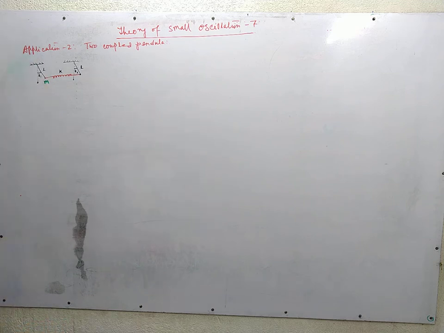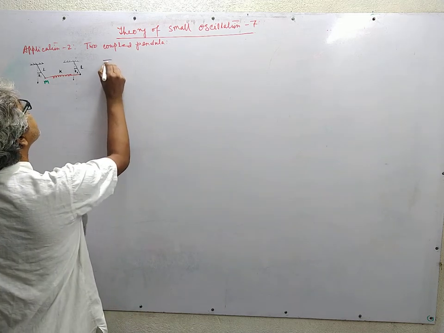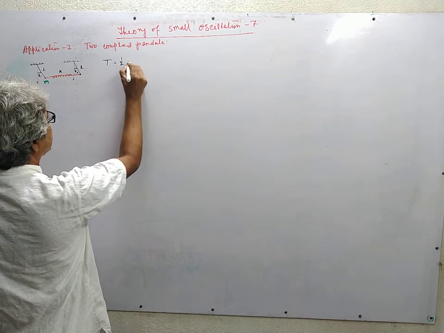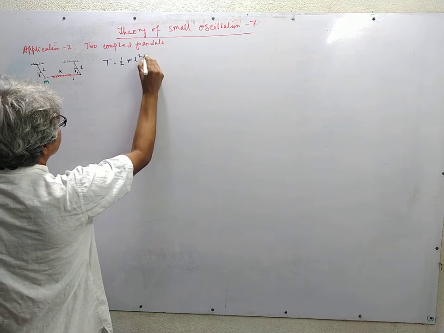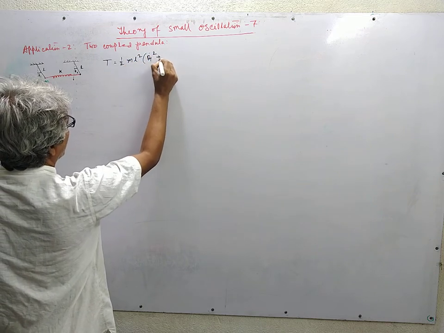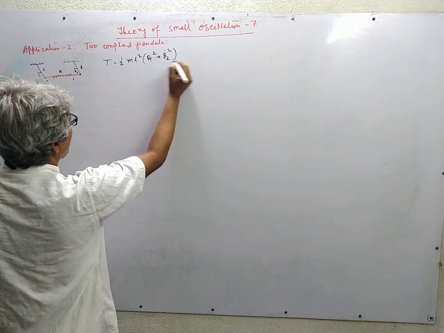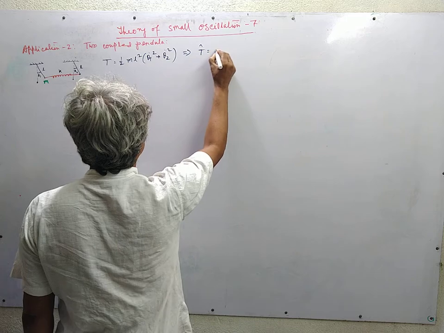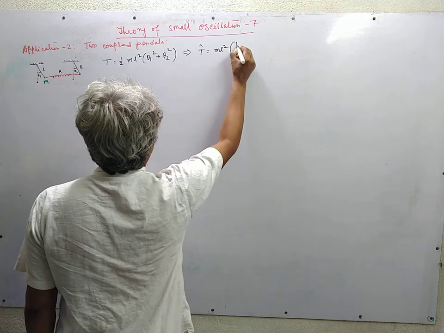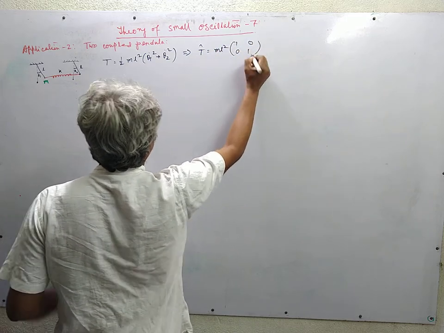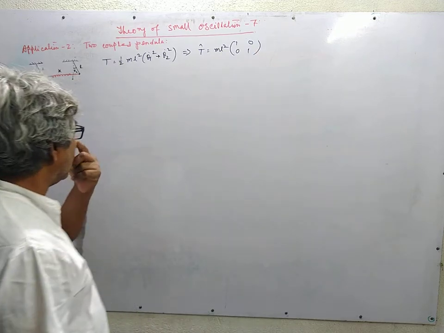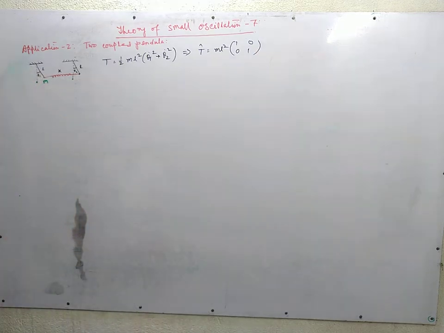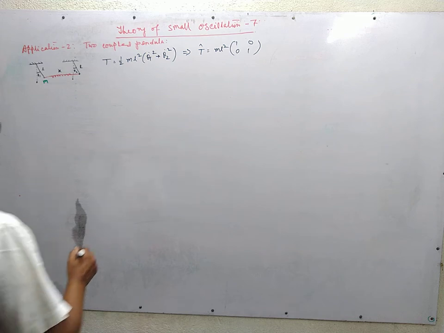The kinetic energy of the system is the sum of the kinetic energies, so half m L square (θ1 dot square plus θ2 dot square), which leads us to the kinetic energy matrix m L square times 1 0 0 1. Since the off-diagonal terms are 0, there is no coupling in the kinetic energy term, that is, there is no inertial coupling. I will come to this point later.